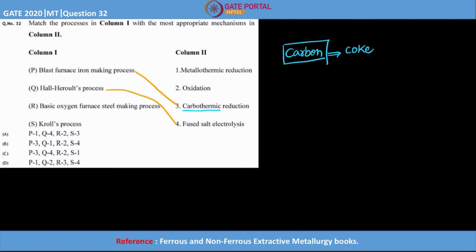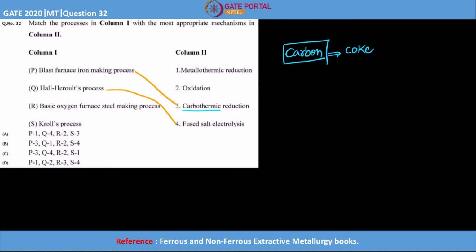And what is the basic oxygen furnace? We know what happens in a basic oxygen furnace or an LD converter. Basically, we make the hot metal from iron making or the blast furnace technique, and we convert the iron into steel by blowing oxygen. Typically the carbon content in iron is about 3 to 3.5%, but in steel you don't want that much.